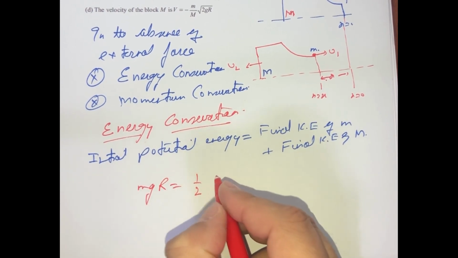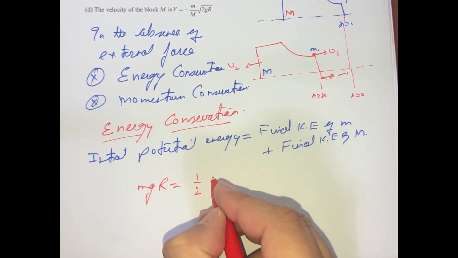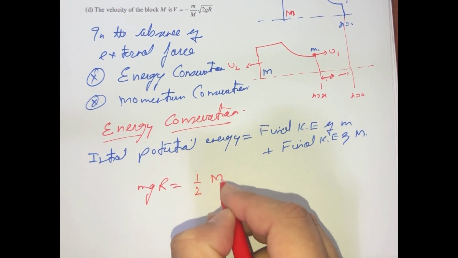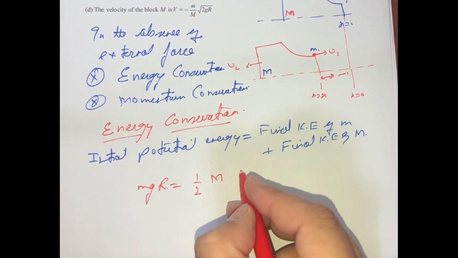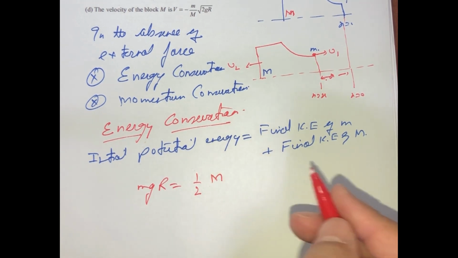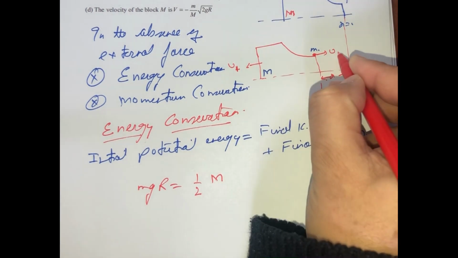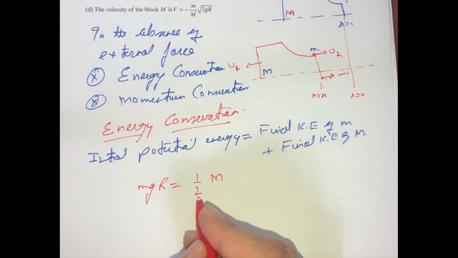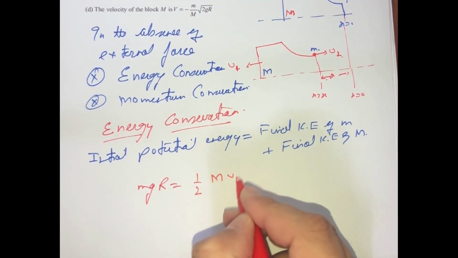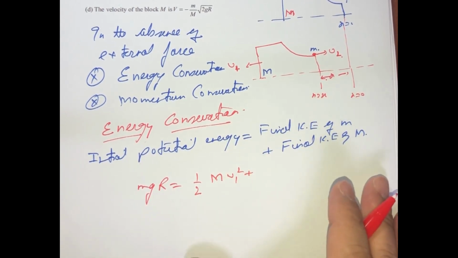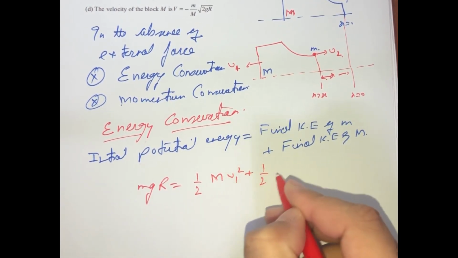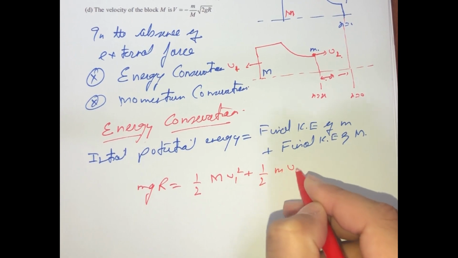half m, let us suppose this is v1 and this is v2. Okay, much easier. Half m v1 square plus half M v2 square.